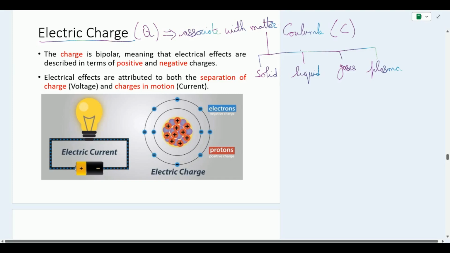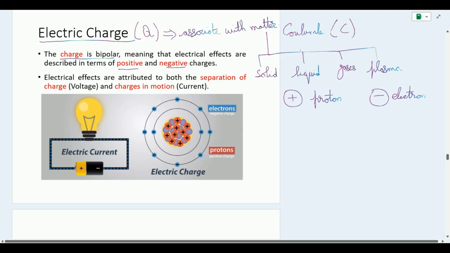So when we talk about charges, we say that charges are bipolar, meaning their effects are related to the positive and negative charges. We normally associate charge having a positive strength as proton, and if it has a negative strength, we call it an electron. And obviously these charges have certain energy which they release or absorb.